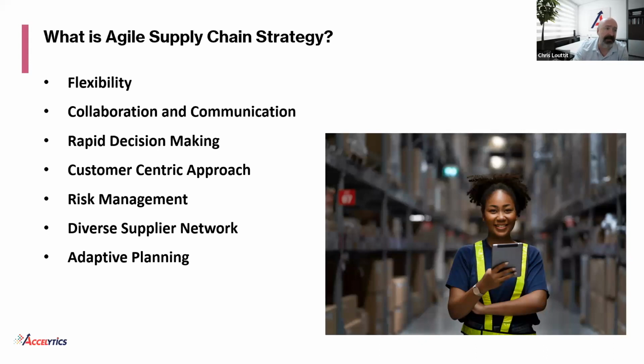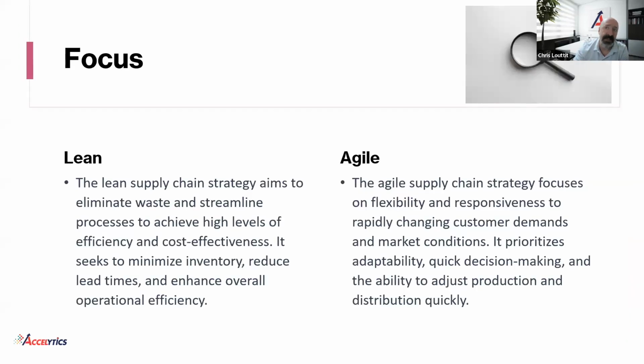And lastly, adaptive planning, which is emphasizing the short-term planning and adjusting strategies based on real-time market feedback. Not easy to do all this, but utilizing Anaplan systems, you can approach either of these strategies and methodologies and make a custom, unique solution that delivers on these tactics and strategies.